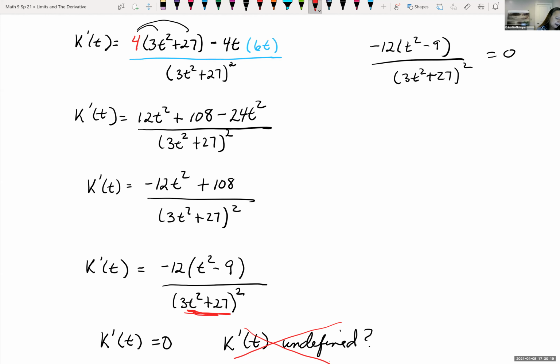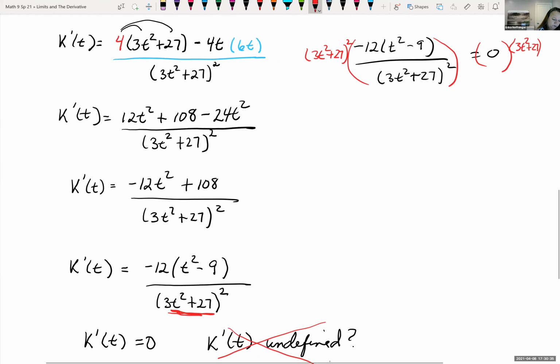So if I multiply both sides by this 3t squared plus 27 quantity squared, anything times 0 is 0. And on the other side, the whole point of that was so that that fraction would go away. So I'm left with my numerator, negative 12, all times t squared minus 9.